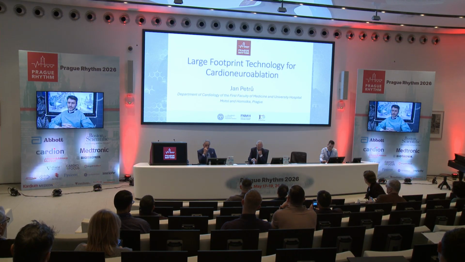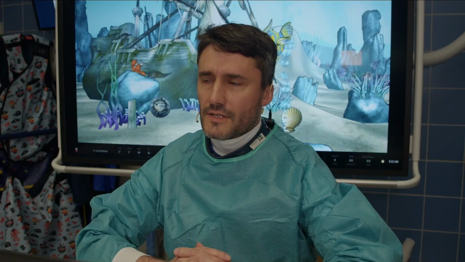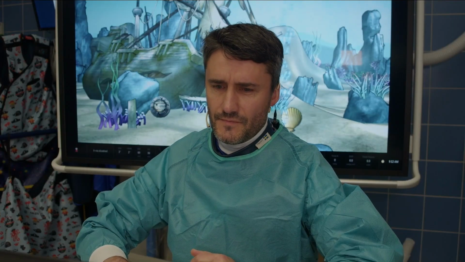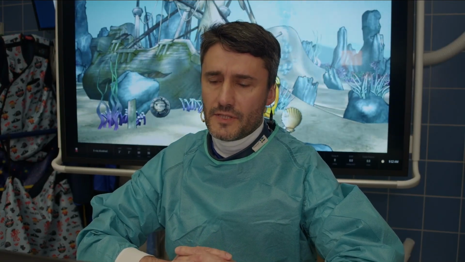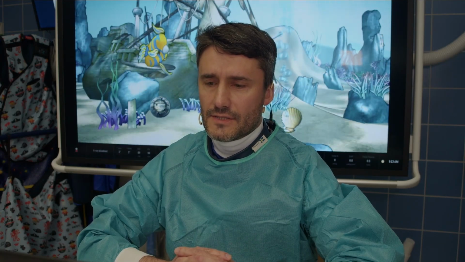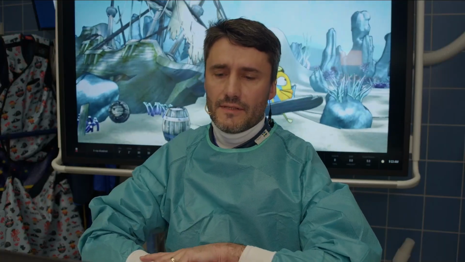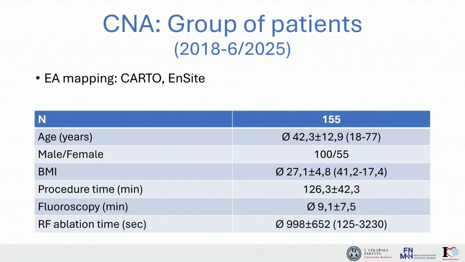So let me introduce our early experience with the Affera system and Sphere 9 catheter for cardioneuroablation. So this is our previous experience. We have been doing cardioneuroablation since 2018, and until June of the previous year, we used normal, typical systems and RF catheters for these ablations.